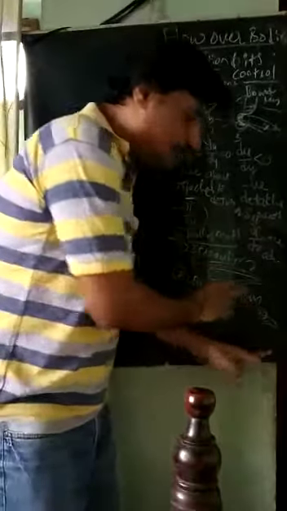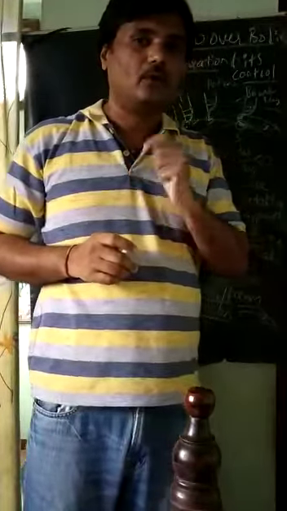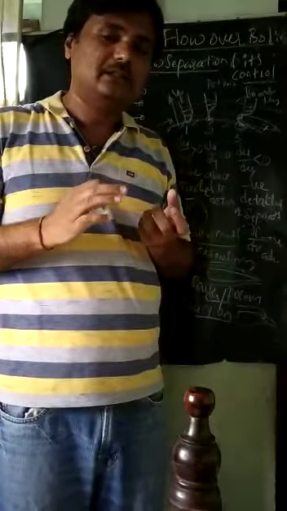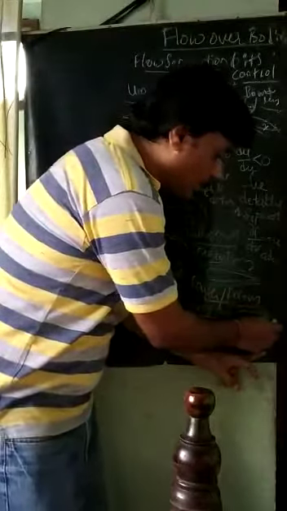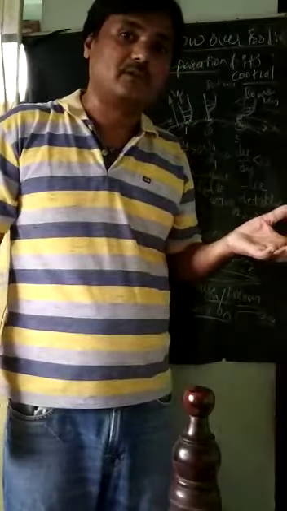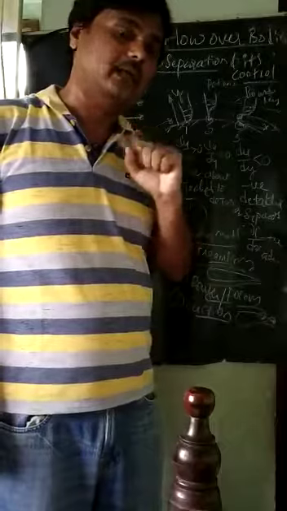So if we make holes on the surface of the body where the flow is separating, the flow will not separate there. It will be delayed to some other point, and then it will separate at the next forward point. Therefore the flow separation will be delayed.